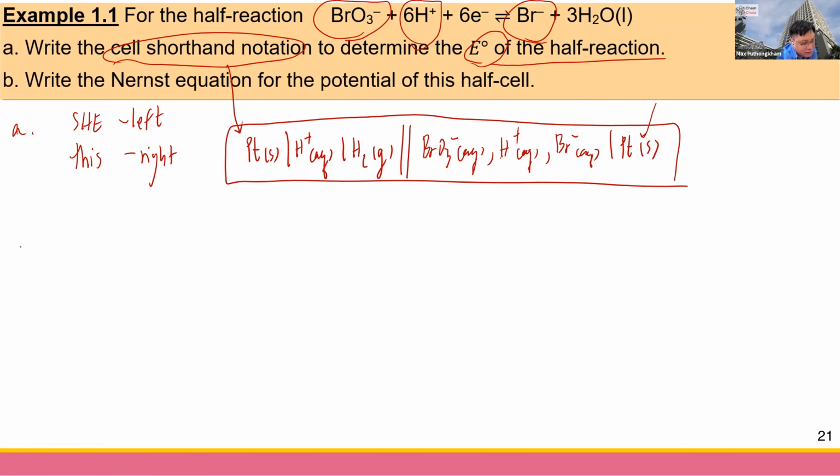The B: write the Nernst equation for the potential of this half cell. So we just learned, right? It's going to be electrode potential equal to the standard electrode potential of this one, which is bromate, minus, let's use the form at 25 degrees Celsius to make our life easy.